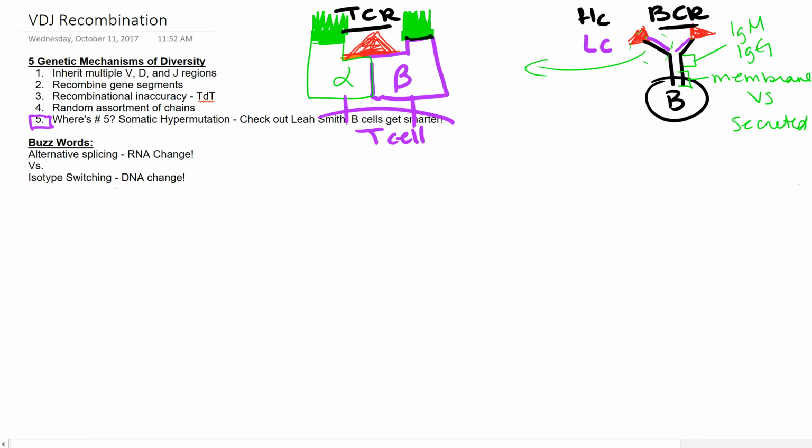And the reason for this is that we need to make an unconscionable amount of antigen receptors. If we had to encode for every single antigen receptor over the course of our lifetime in our DNA, it would overwhelm the human genome. It would be way more than the human genome because there are just so many unique antigens in the world.